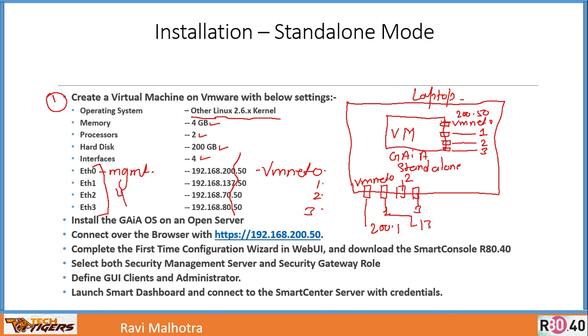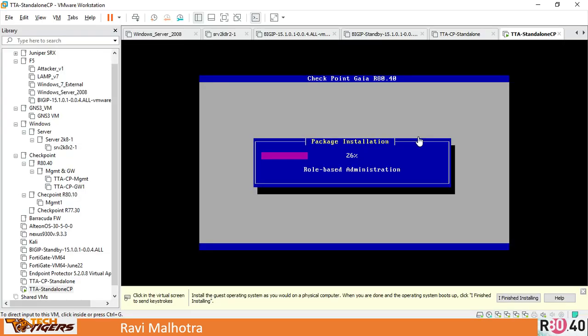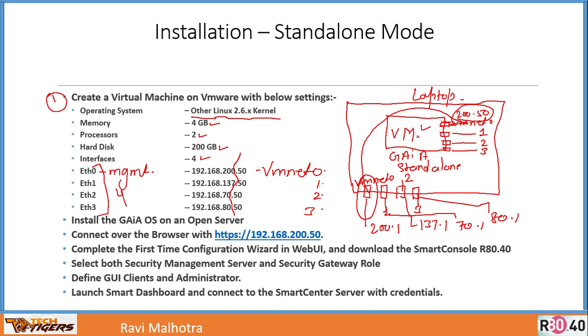This is 137.1. This is 70.1, and this is 80.1. So that means once this virtual machine is done, this IP address is 200.50. My laptop IP address is 200.1. I should be able to ping from my laptop to this interface, right? And once this ping is working, I will be able to connect to it over the browser.